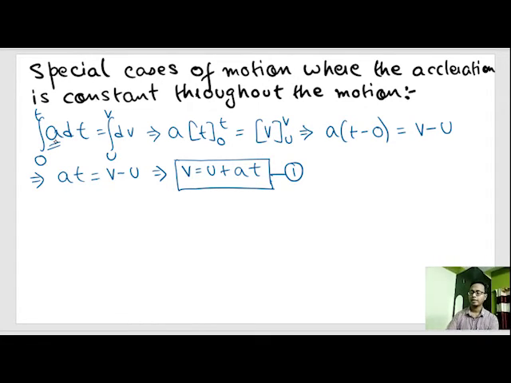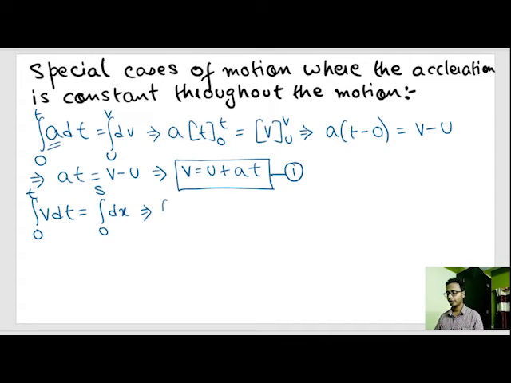Okay. Now the second formula. The second formula is similarly v dt is equal to dx, or change in displacement, from t equals 0 to time equals t, x equals 0 to x equals some displacement s.